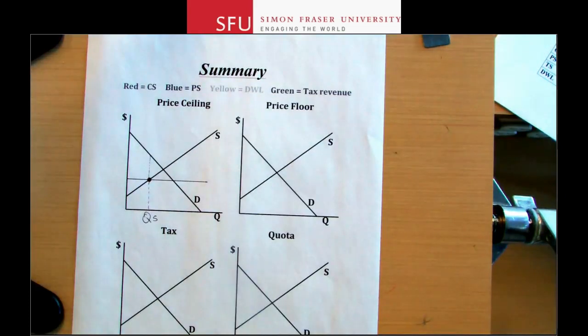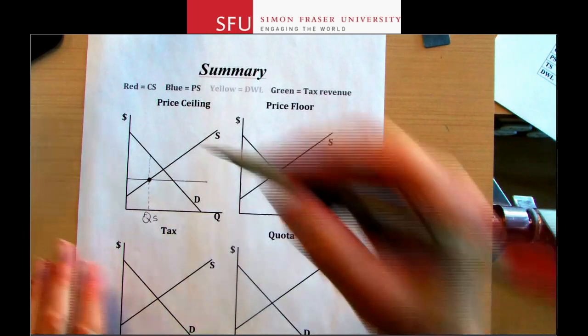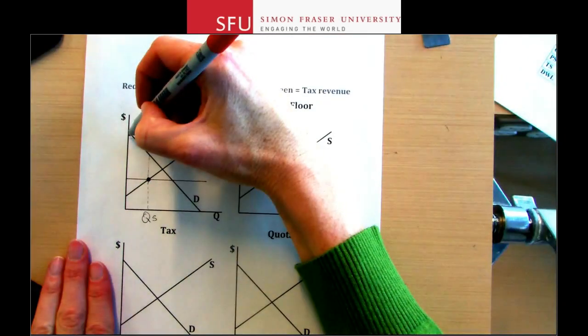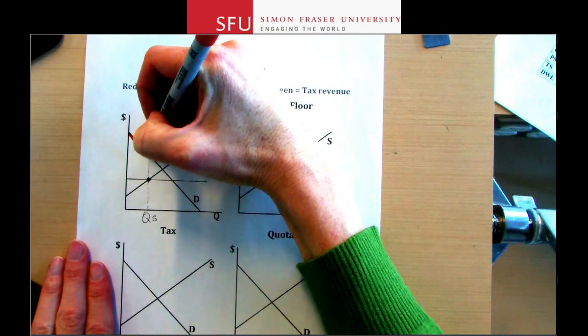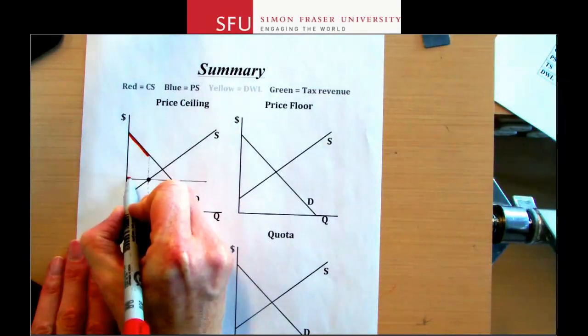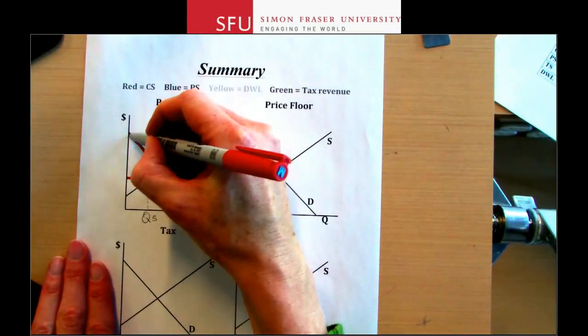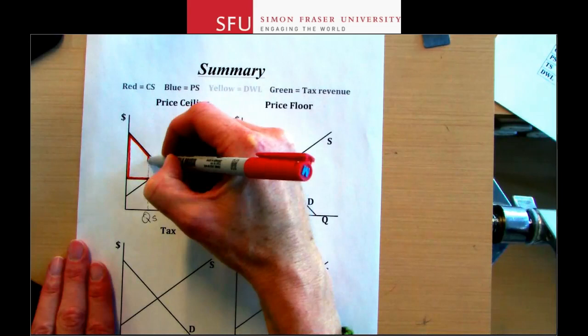Okay, so with a price ceiling, the consumers have this willingness to pay. This is the price they actually pay. So this here will be the consumer surplus.